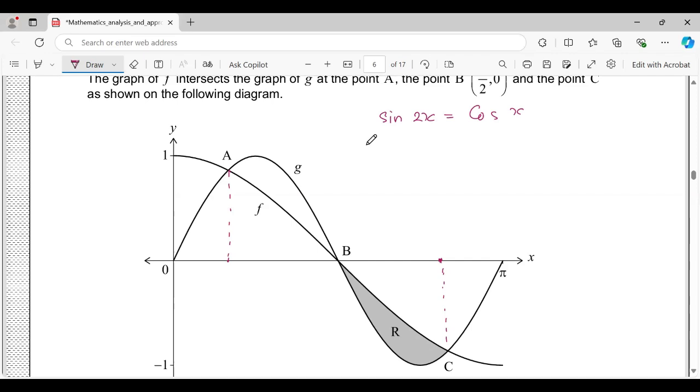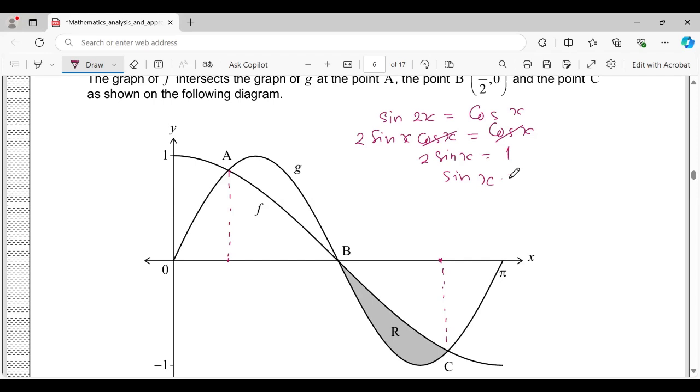According to the trigonometric identity, sine 2x equals 2 sine x cosine x, and cosine x equals cosine x. So divide it, becomes 2 sine x equals 1.